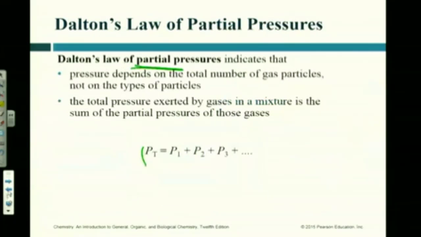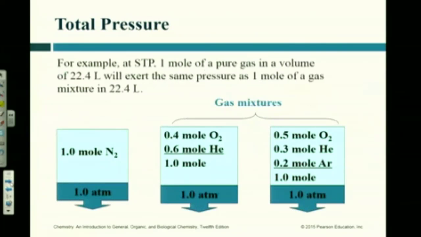So here we have, if we're at STP, 1 mole of nitrogen is 1 atmosphere. Well, if we have 1 atmosphere, we might have oxygen and helium. This would be a scuba mixture, actually. Or we might have oxygen, helium, and argon.